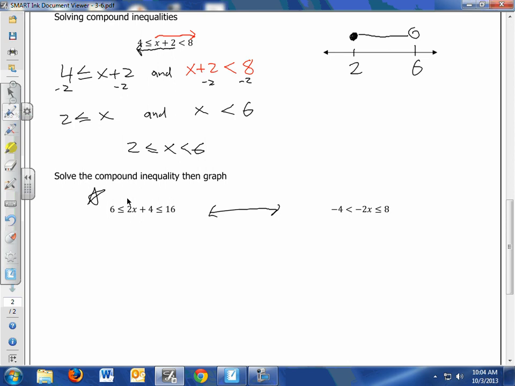You have to divide both of these by 2 so we can solve for x, right? We want x by itself. You just need to solve for x. Divide both sides by 2, divide both sides by 2. You get x by itself.